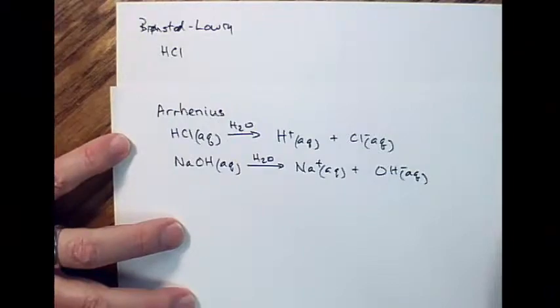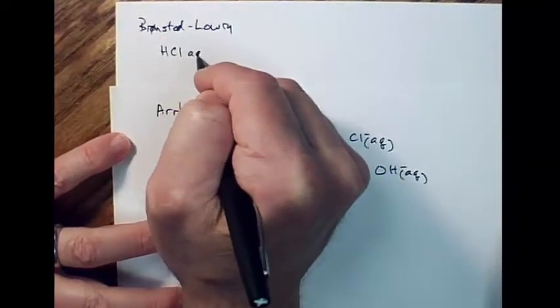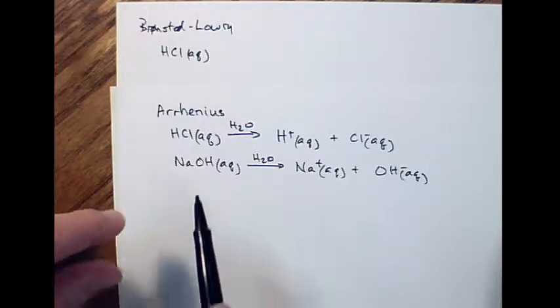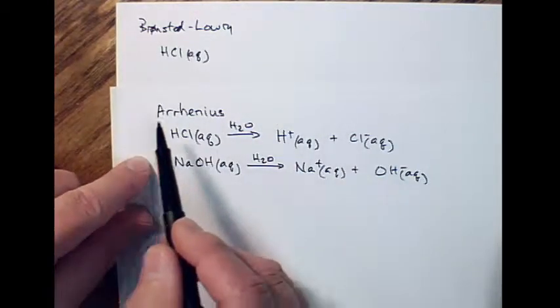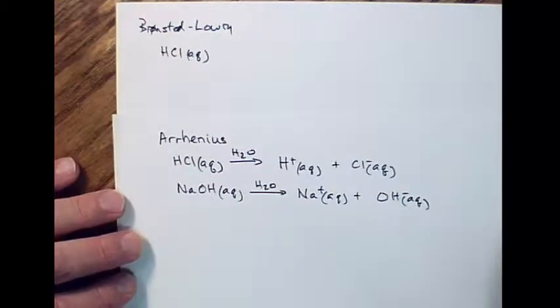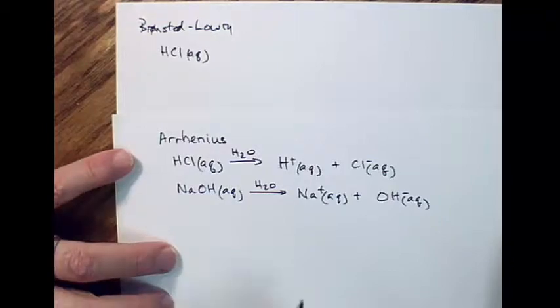Here's our hydrochloric acid. We're not talking about different chemical species that can either be an Arrhenius acid or a Bronsted-Lowry acid. We're talking about acids that can be defined in a different way. This is a limited definition of acids and bases. Bronsted-Lowry broadens that definition to include other things and explains more about how it works.